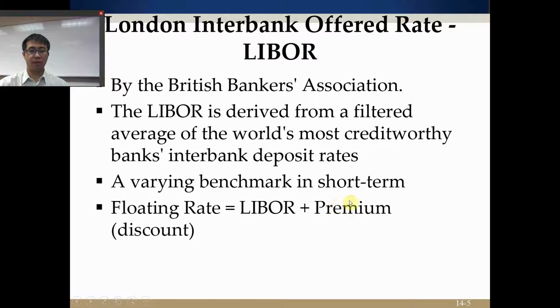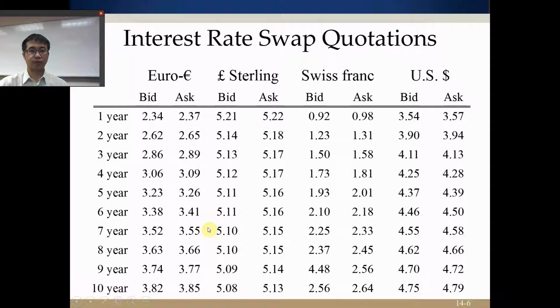So there will be a premium, a positive rate, added to the LIBOR interest. If the loan is perceived to be a safe loan or issued to a very secure business, then there could be a discount. That means the borrower may pay a floating rate that is LIBOR minus that discount.